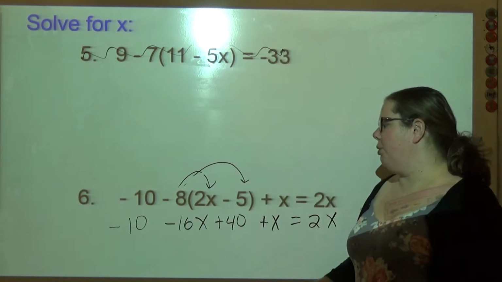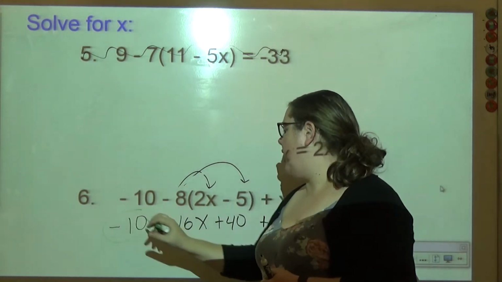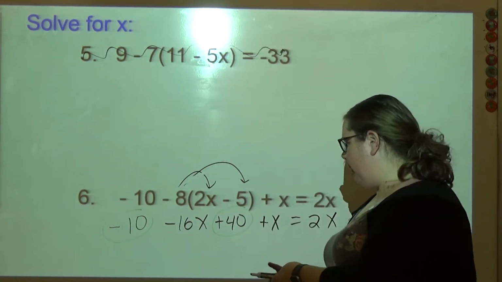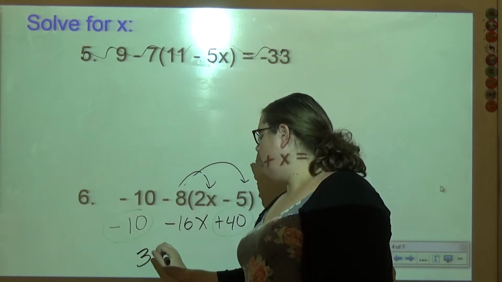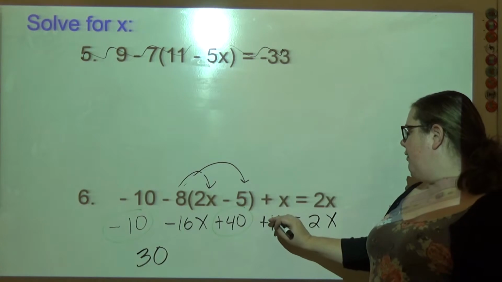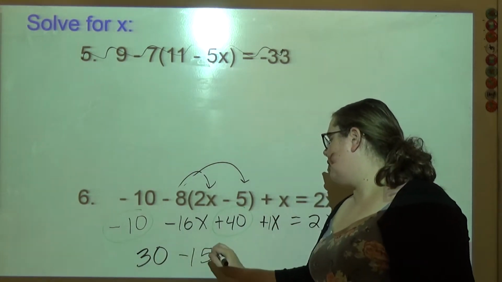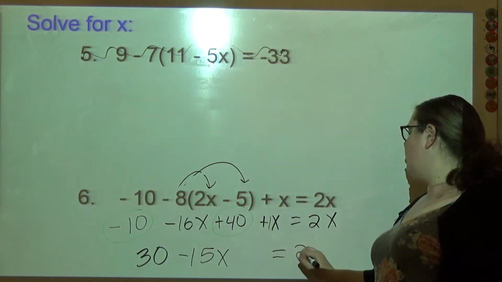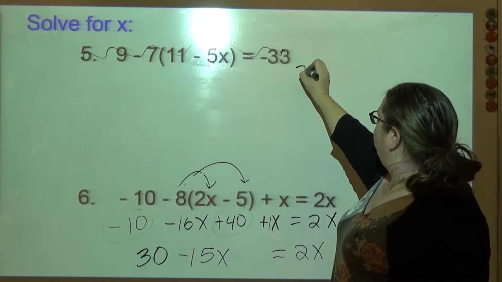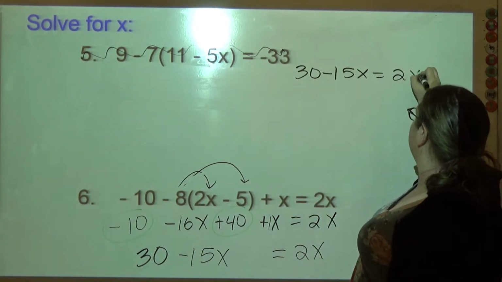Now we're going to combine like terms. What can go together? We have negative 10 and plus 40. That gives you a 30. Negative 16 plus x. Again, if you need to write that one, go for it. Negative 15x equals 2x. All right, I'm going to jump up here because I ran out of space. So we have 30 minus 15x equals 2x.